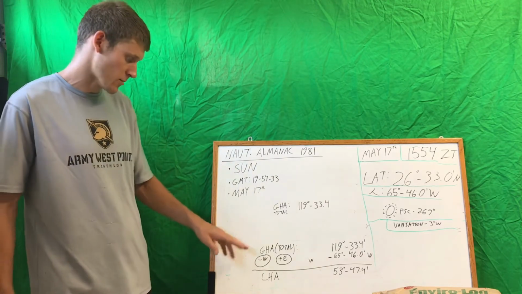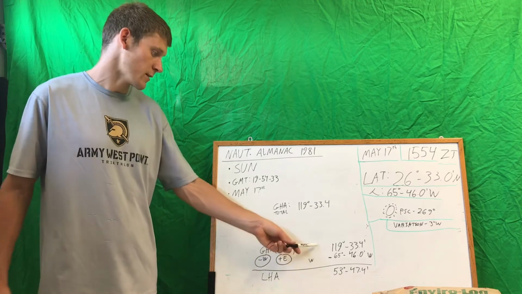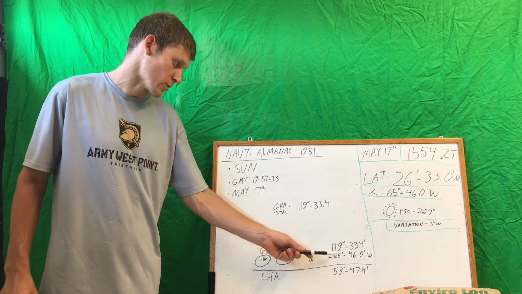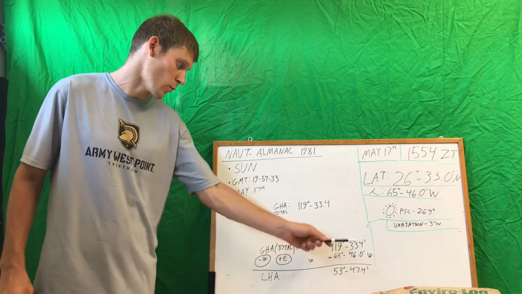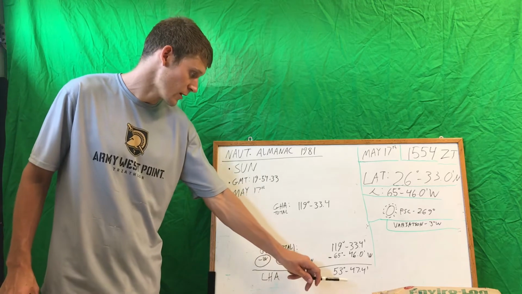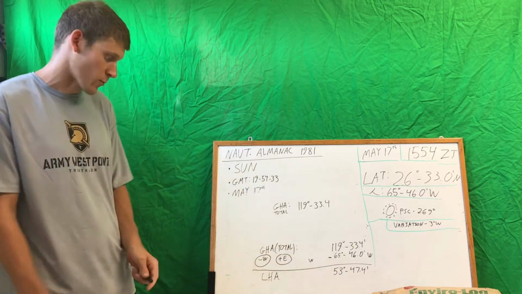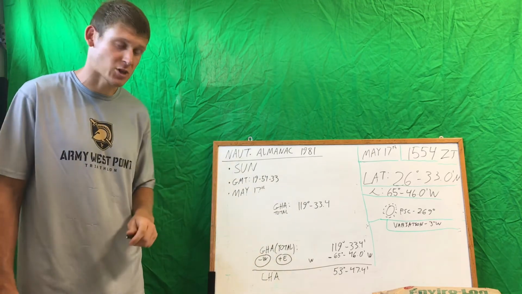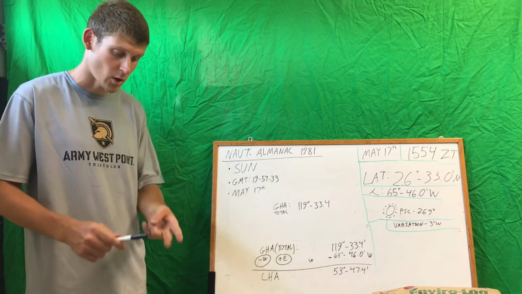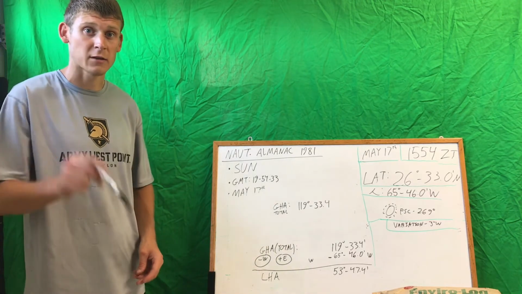So GHA minus our western longitude is going to get us our LHA. 119 degrees 33.4 minutes minus 65 degrees 46 minutes west gets you an LHA of 53 degrees 47.4 minutes. And with that, we have found our LHA. So now we have our latitude, we have our LHA. Now the only thing we need to find is our declination.